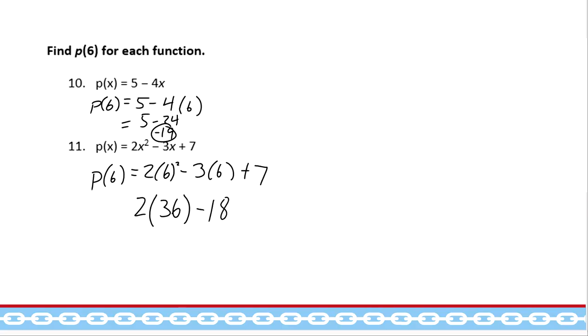I can do this multiplication step, and I get 2 times 36 is 72. 72 minus 18 plus 7, and that would be 61.